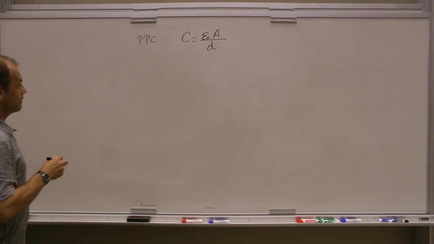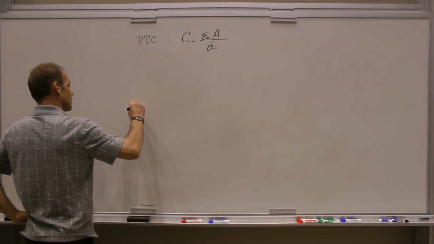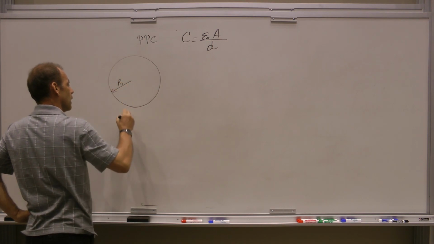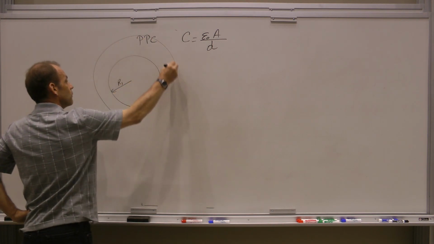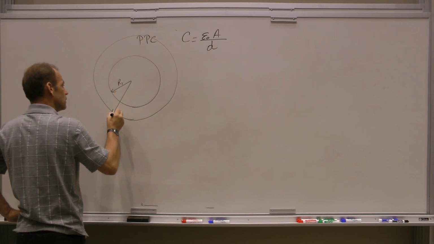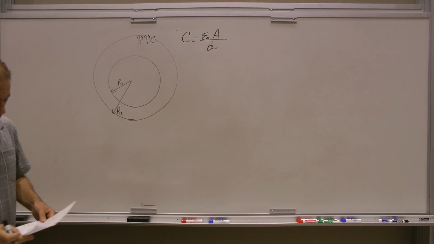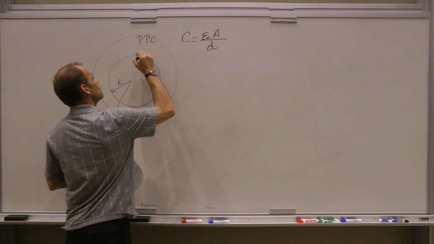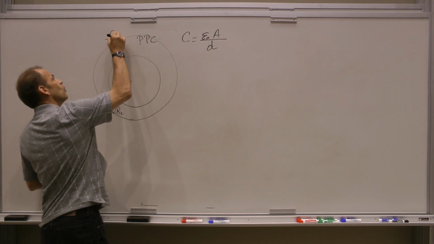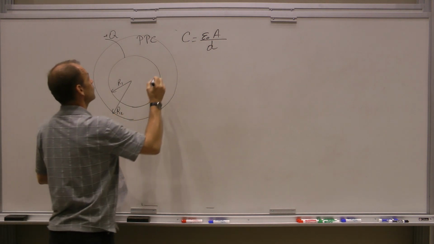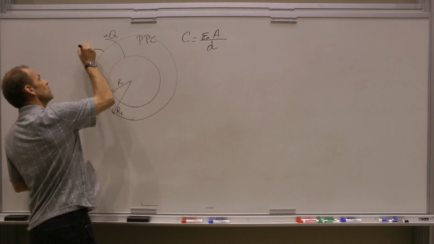So, now we're going to take two concentric spheres, an inner one, which is going to be a radius r1, and an outer one, radius r2. And we're going to take the inner sphere as holding a positive charge q, and because this is a total influence, the outer sphere will be holding a charge negative q.